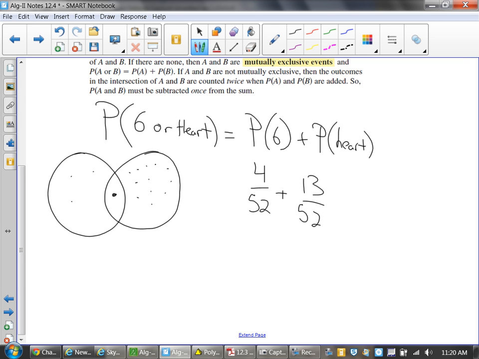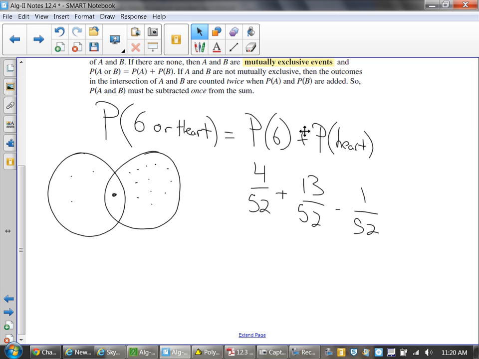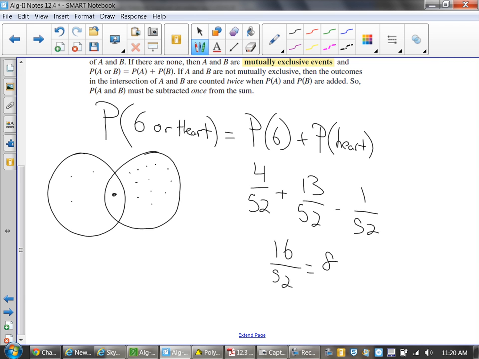But what do I have to do to the one that's overlapped? Subtract. Otherwise you're double counting. You subtract when they have something in common. So the probability of flipping over a 6 or a heart winds up being 16 out of 52, which is 4/13.